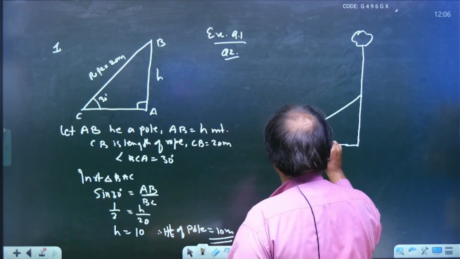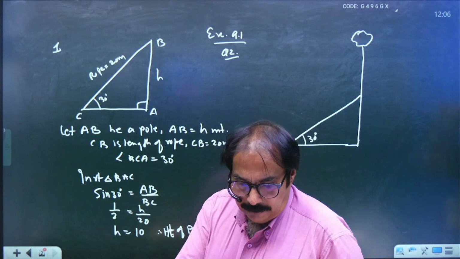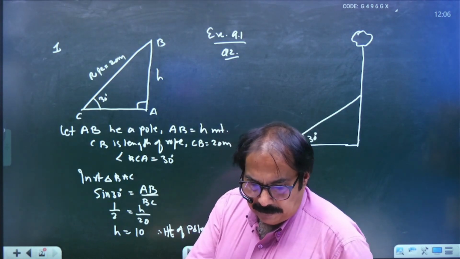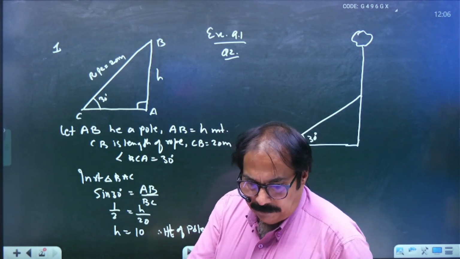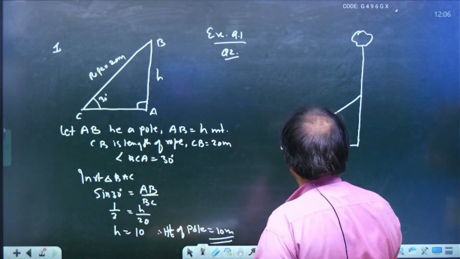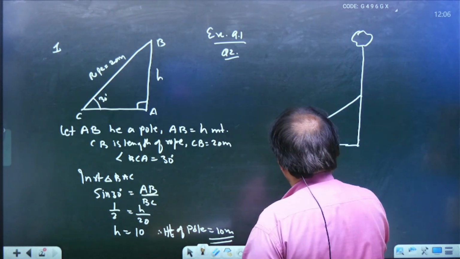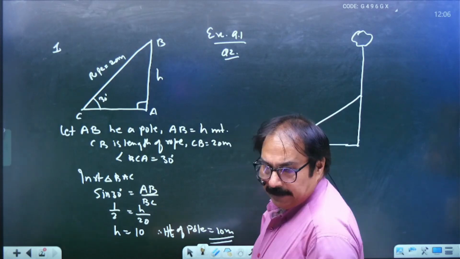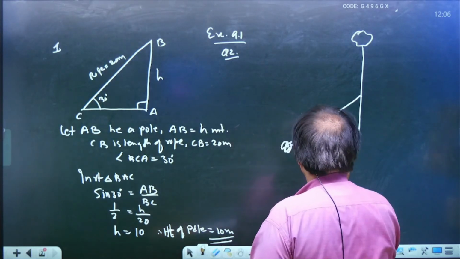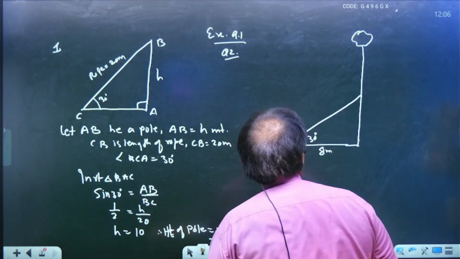This angle is given 30 degree, and the distance between the foot of the tree to the point where the top touches the ground is 8 meters. So this is the foot of the tree, and here this broken part touches the ground, and this distance is given 8 meter.